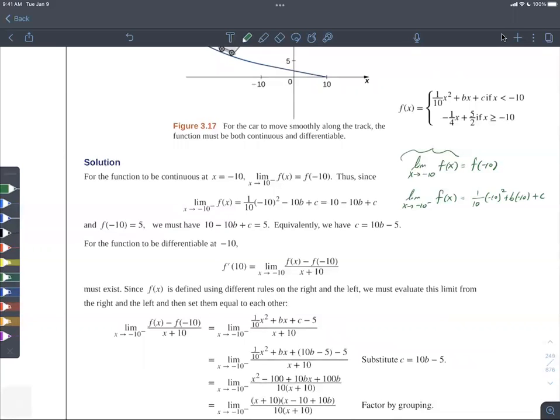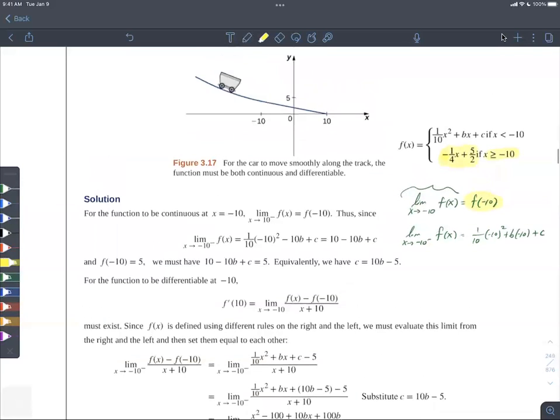Now, what is f of -10? When x is actually equal to -10, we are using the second rule. So we can find f of -10 by plugging in. We have -1/4 times -10 plus 5/2.